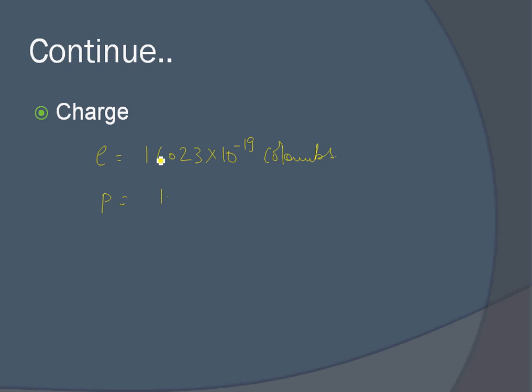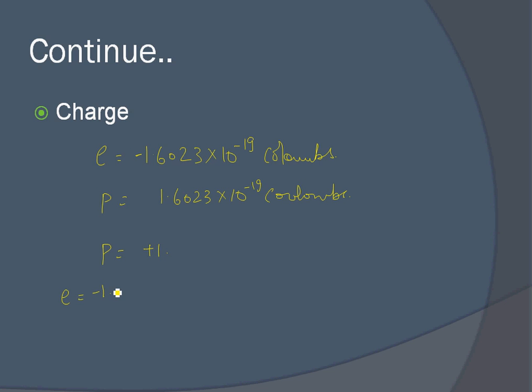It is 1.6023 into 10 to the power minus 19 coulombs of positive charge. And the relative charge on the proton is plus 1, whereas the electron has a minus 1.